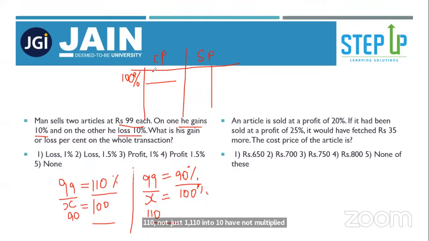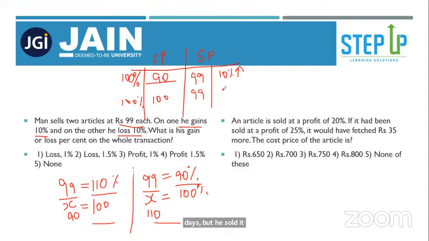Okay, the first one is 90 is the cost price, selling with 10 percentage profit. So that was 99. Second one was 110. Still, it was 100 percentage, but he sold it for 99. That means 10 percentage loss.